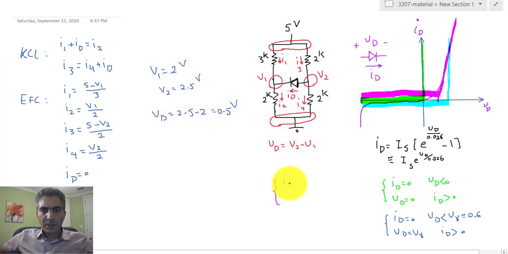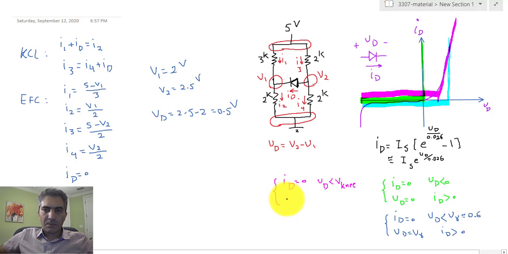So the current ID is equal to 0 for any voltage that is less than this voltage right here. So V less than, what I'm going to call V knee at this point, just a made up name. It's close to the breakdown voltage, but it's not exactly equal to the breakdown voltage, but a lot of times you can use the breakdown voltage for that voltage.